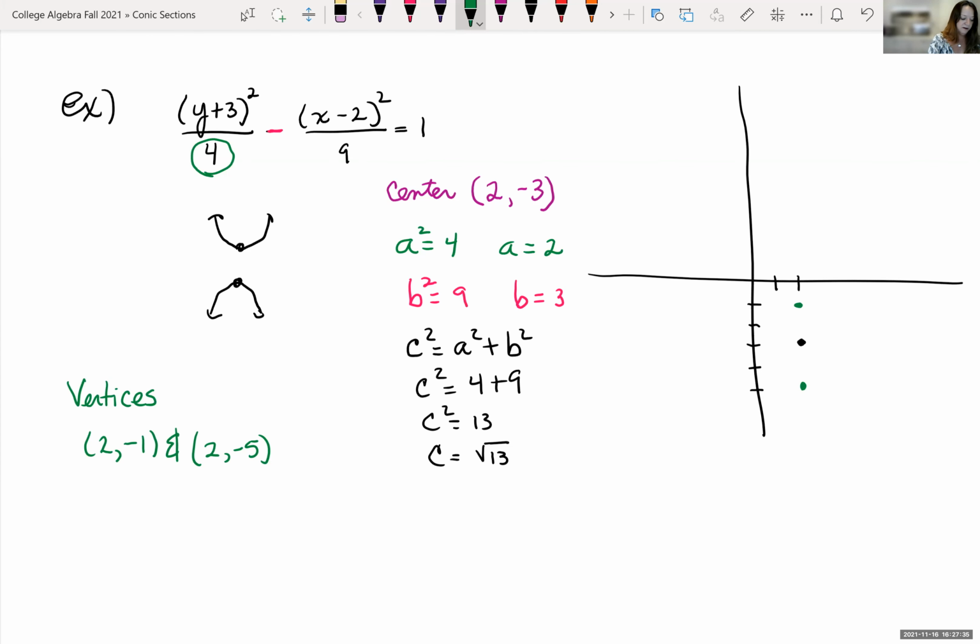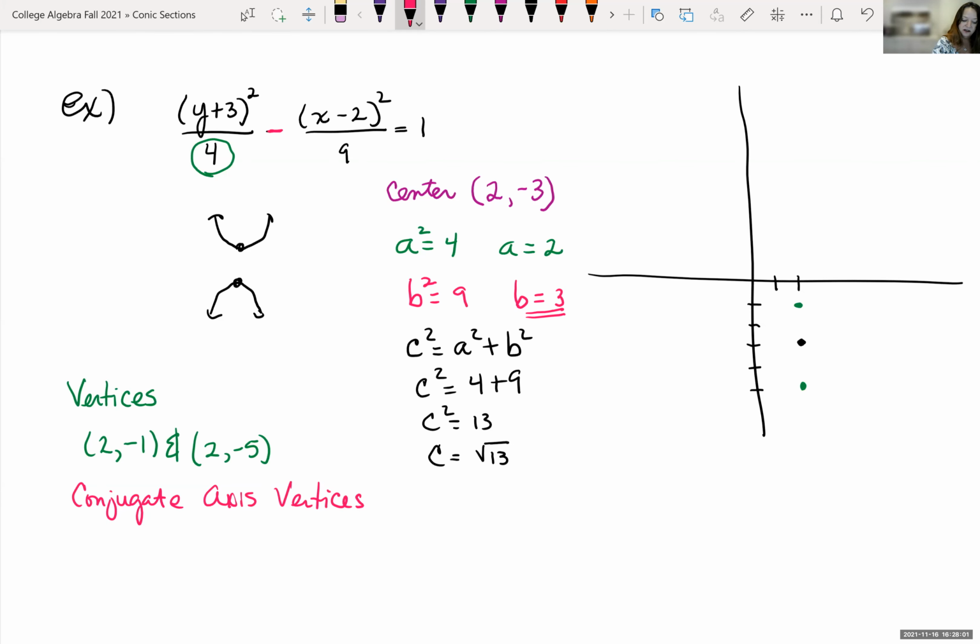Let's get the vertices on that conjugate axis. I'm going to the left and the right, in this case by my B value of 3, from the center.